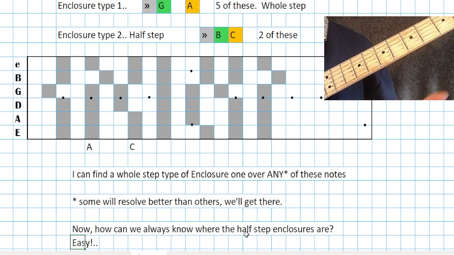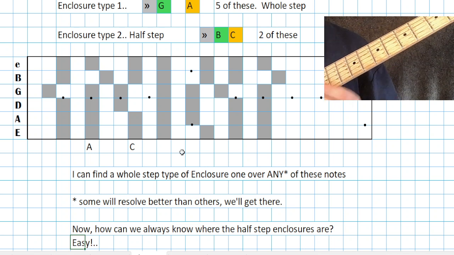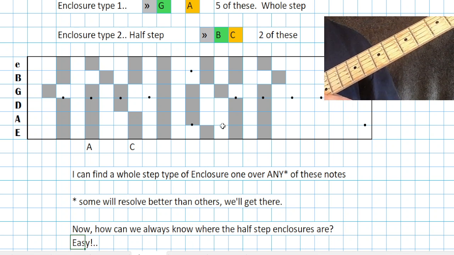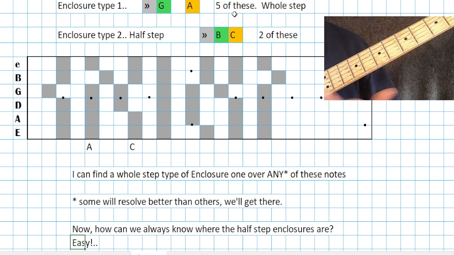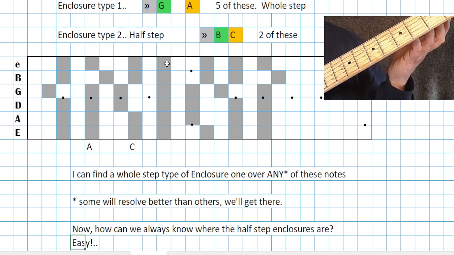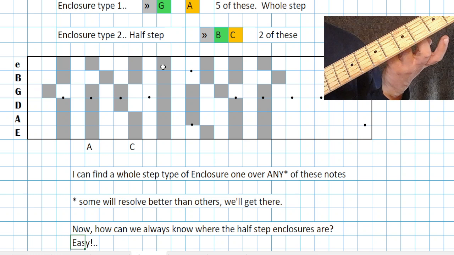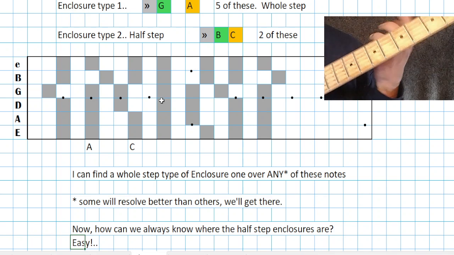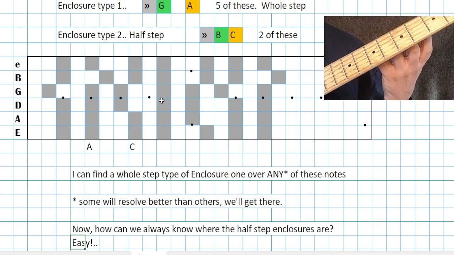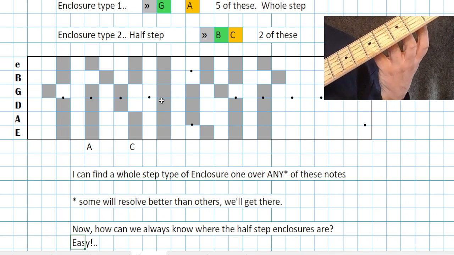But so now, how can we always know where the half-step enclosures are as we get lost in the matrix here? How could we know that? Well, let's see. There were 5 of these, and they correspond exactly with the pentatonic scale. We also know that these 5 notes of the pentatonic scale only need 2 notes to get to a major scale. 5 plus 2 is 7.